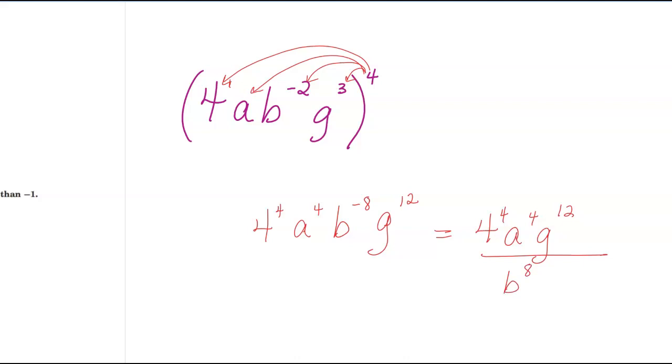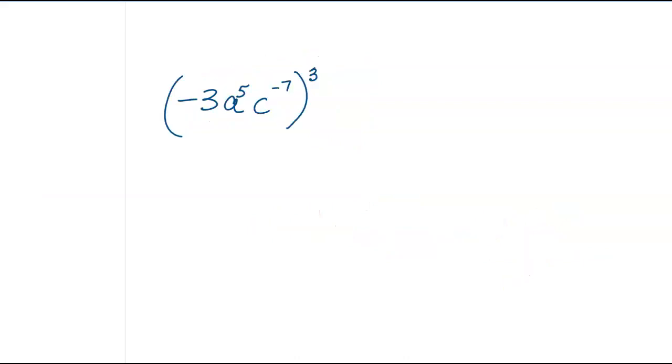I'm going to give you another one like that, okay? The first thing I'm going to do is distribute that external exponent, multiply it by every single power there. Remember, this is negative 3 to the 1st. That's going to make that negative 3 to the 3rd, then a to the 15th, c to the negative 21.